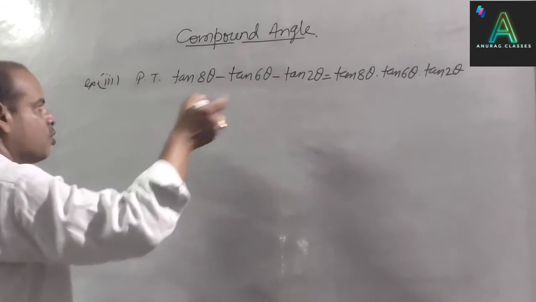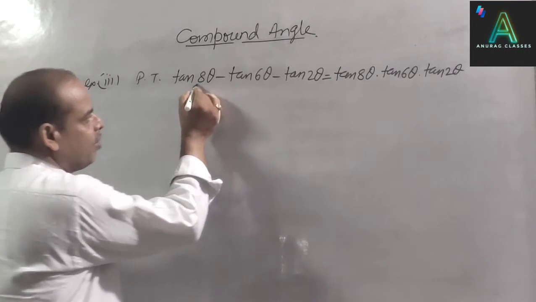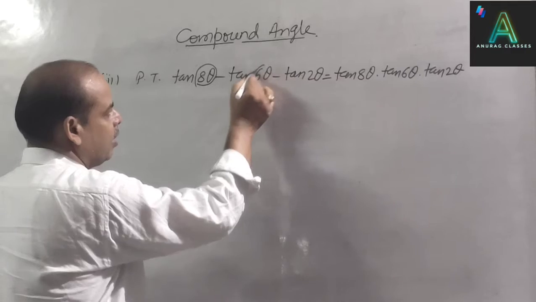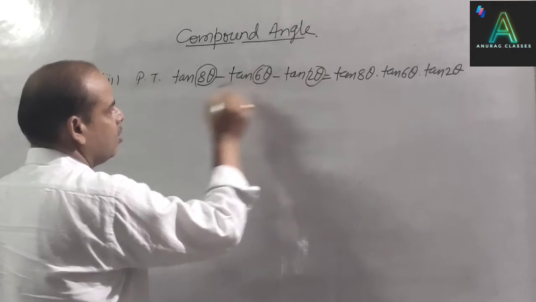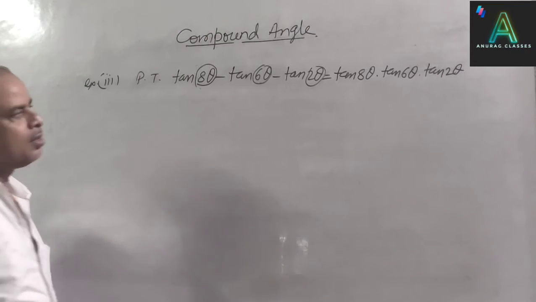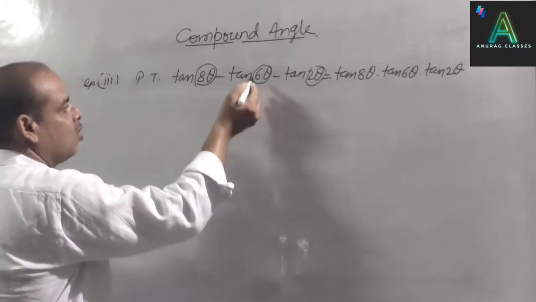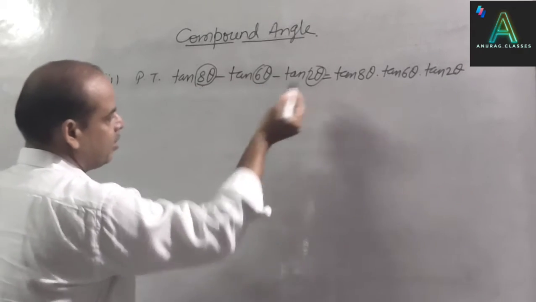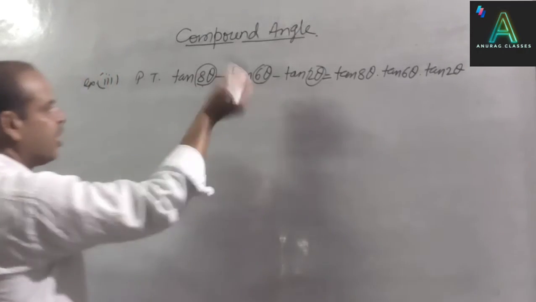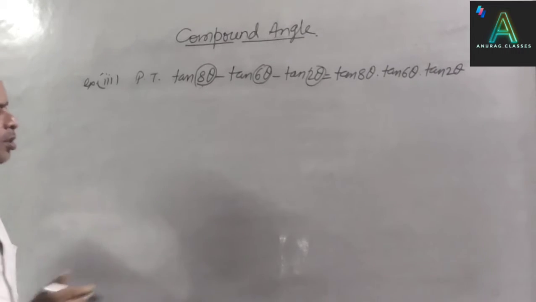So how to solve these questions? Very easily, by seeing the different angles, you can check that these three angles are combinations of one another, as 8 theta can be written as 6 theta plus 2 theta, or 6 theta can be written as 8 theta minus 2 theta, or 2 theta can be written as 8 theta minus 6 theta. So you can choose any option.